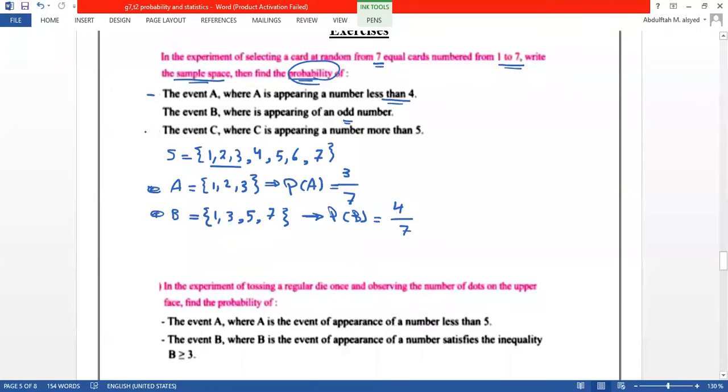The third required is C. The event C is appearing a number more than 5. What are the numbers greater than 5? 6 and 7. And this gives the probability of C.